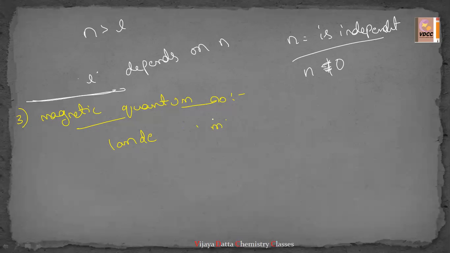Here, the splitting of a single spectral line into a number of closely spaced lines in the presence of a magnetic field is nothing but the Zeeman effect and Stark effect. Splitting into spectral lines, this is Lande. In some books, it will be Lindema.